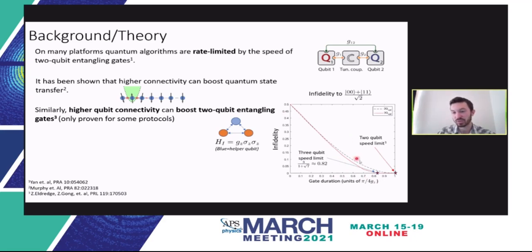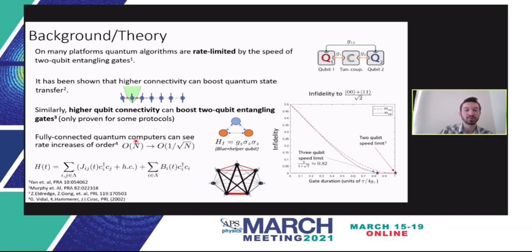Here we have a two-qubit fidelity curve where the x-axis is the gate duration, and this defines your speed limit, that we get to a normalized gate time length of 1 at an infidelity of 0, which means we've hit our target state. But for 2 qubits, it gets to 1, and for 3 qubits, when you add this third blue helper qubit, you can get to 0.82, which is almost a 20% speed up, which is exciting. Again, this is only for some protocols, and it also assumes a free particle Hamiltonian of this form.